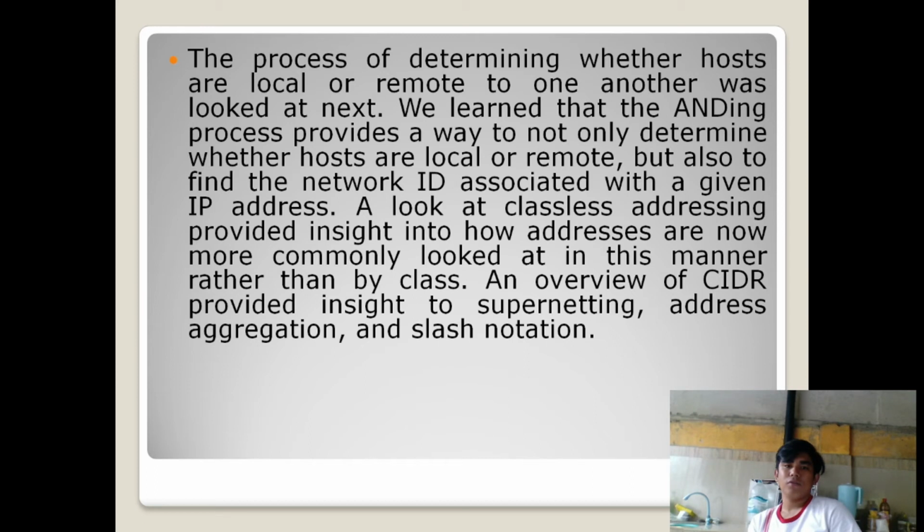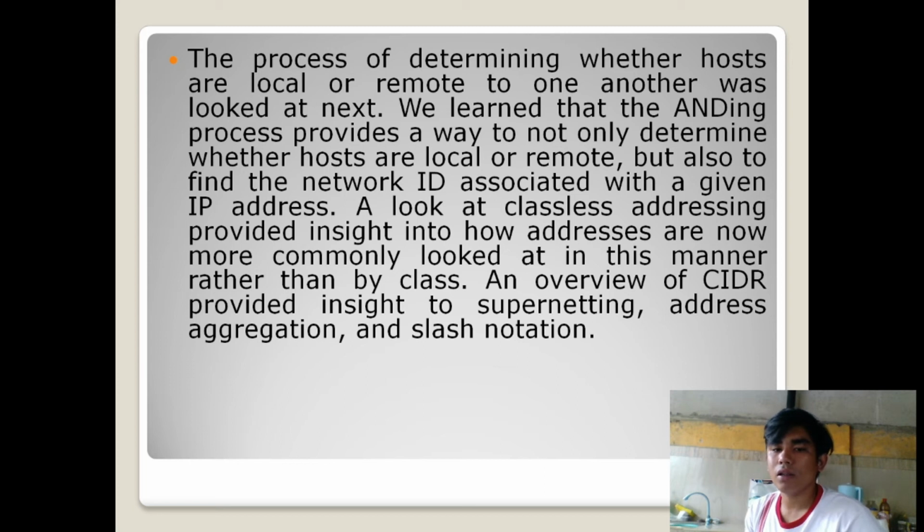The process of determining whether hosts are local or remote to one another was looked at next. We learned that the ANDing process provides a way to not only determine whether the hosts are local or remote, but also to find the network ID associated with a given IP address.